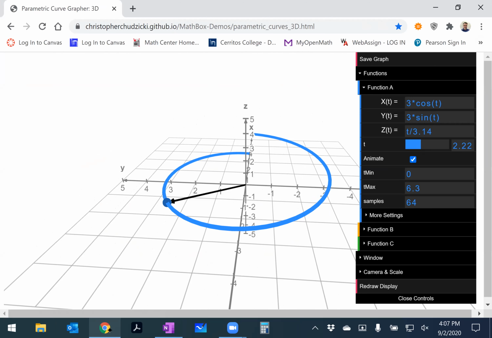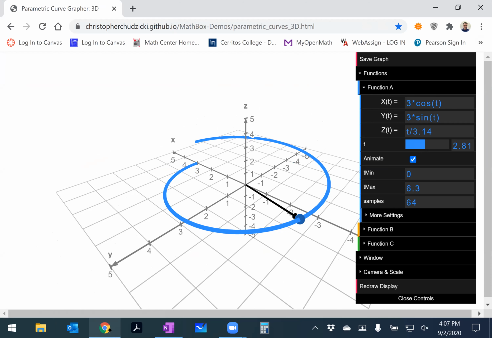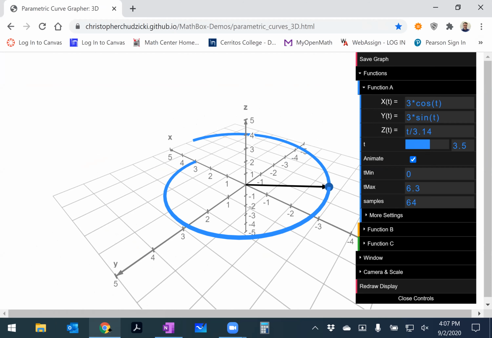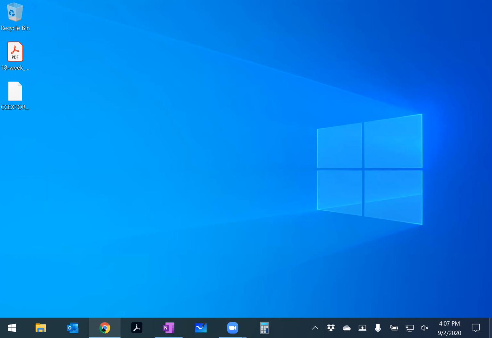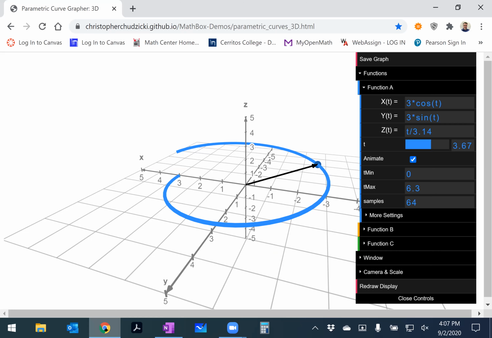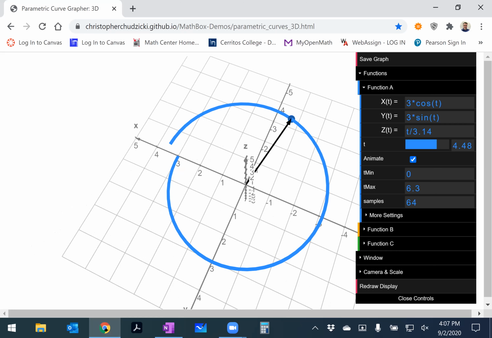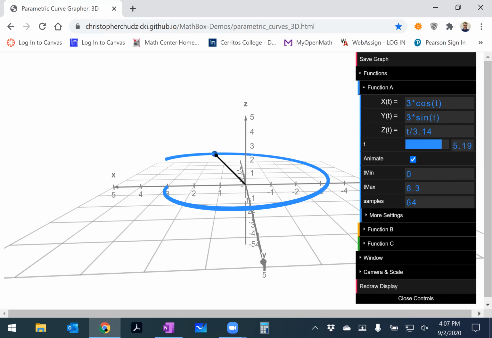You see the vector here. This is the parametric form x of t, y of t, z of t. They just call it x of t, y of t, z of t instead of f of t, g of t, and h of t. It's just a parametric form of a curve, called a space curve. Okay, this particular space curve is called a helix.